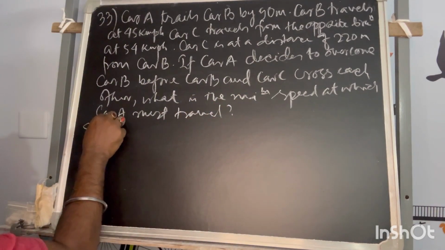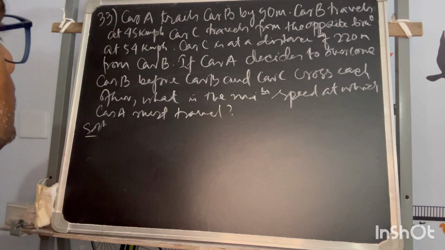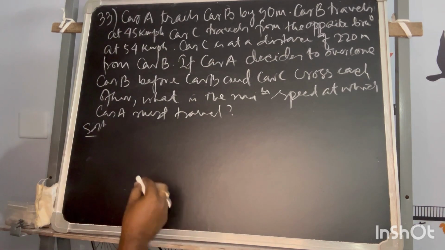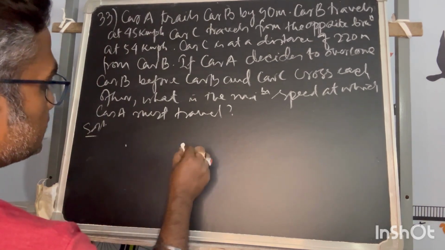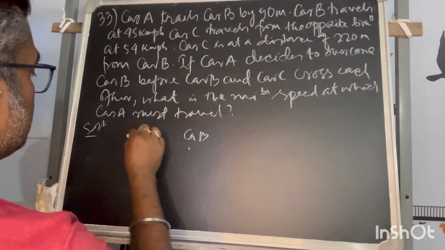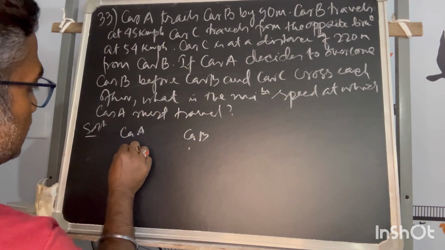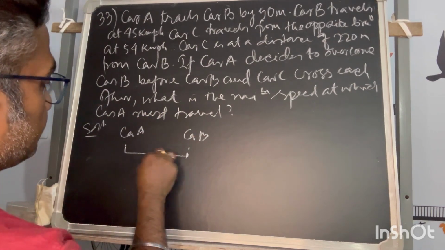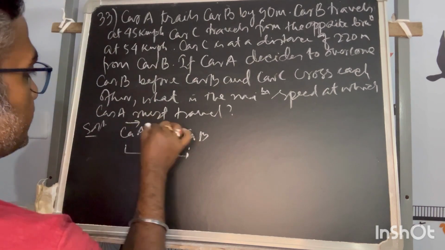So the solution: car A trails car B. So that means car A is here, car B is there, and their distance is 50. They are moving in the same direction.